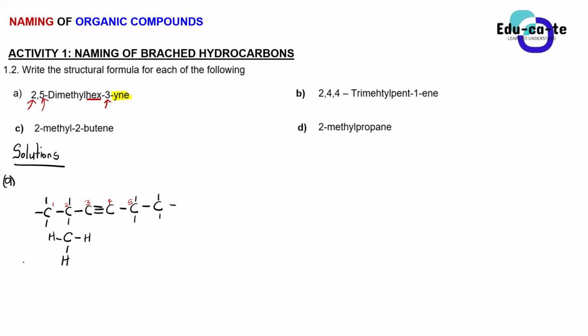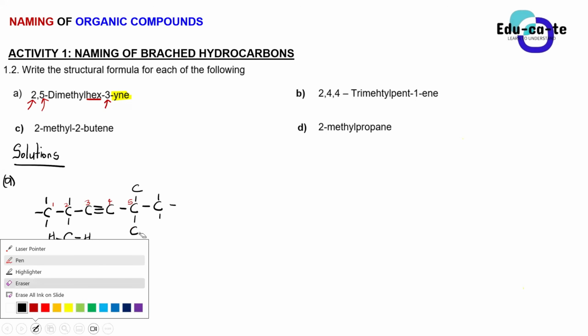Which other methyl group do you see there? Where are we going to place the other one? In carbon number 5, sir. Yeah, on carbon number 5. You can place it down here or up here. It's still the same thing, guys.